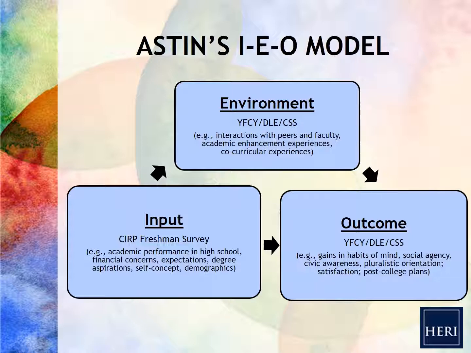But what Sandy always posited is that what's important is the input, not only the input's relationship to the outcome, but the input's relationship to the environment. So who you are and what you bring with you to college puts you in certain environments within the institution that then in turn can lead to an outcome. And so that's why I'm focusing on the entry characteristics of the student inputs.